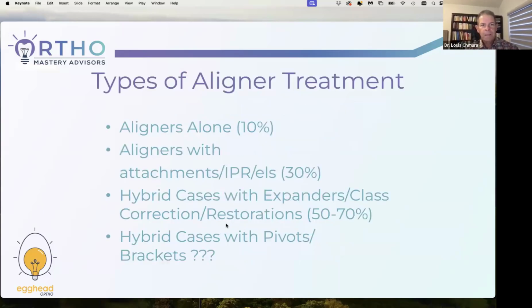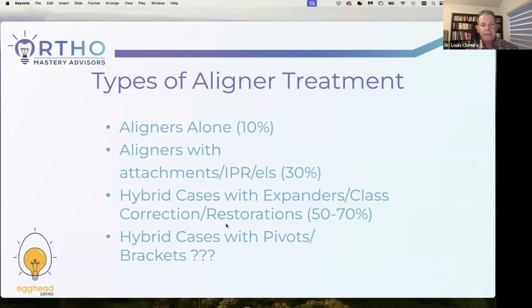So the types of things that I see are aligner alone cases, and really there are very few that can be treated well with just aligners alone. But then if you add things like attachments and IPR, interproximal reduction, and elastics, boy, that shoots up a bit.